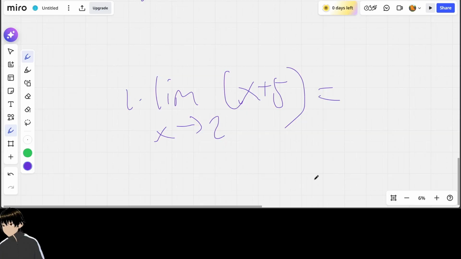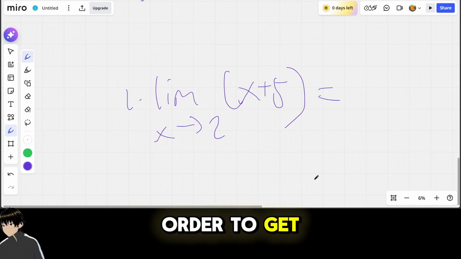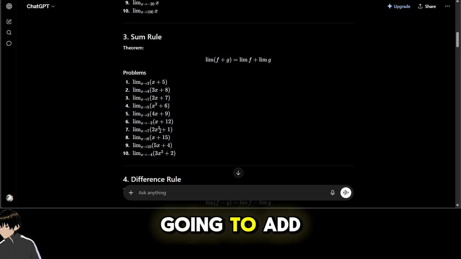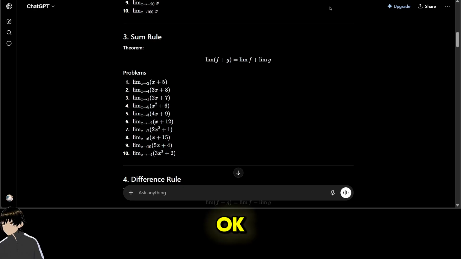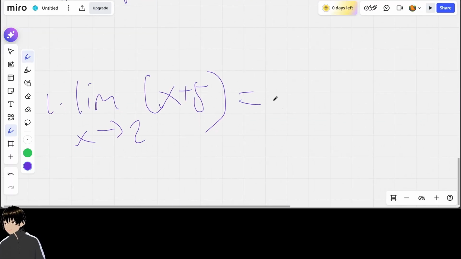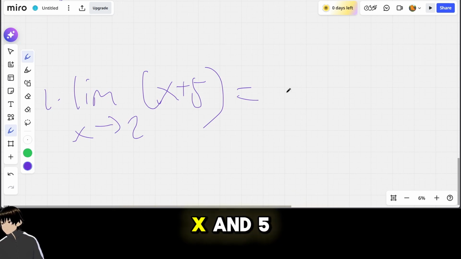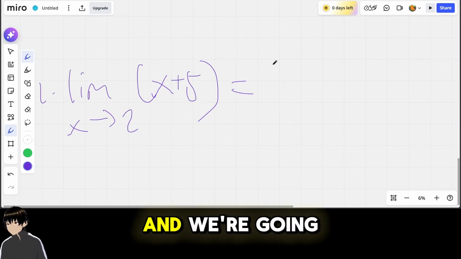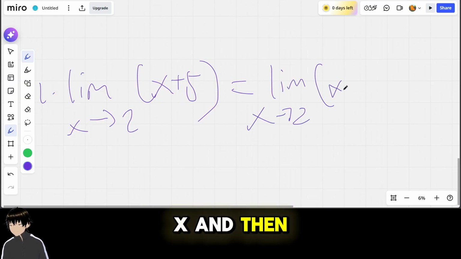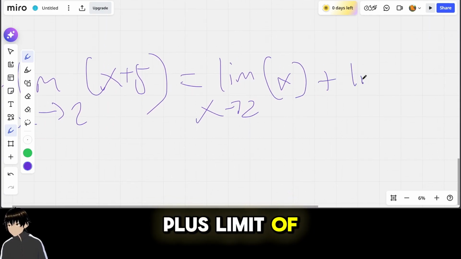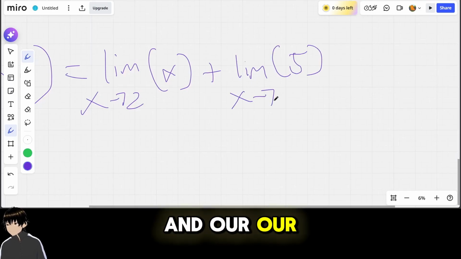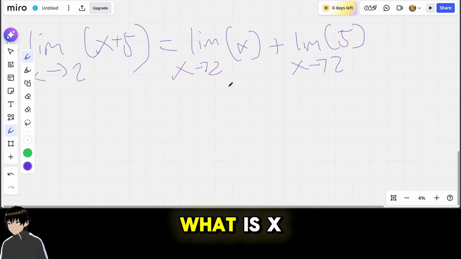In order to get the answer, we're just going to add both of the functions here. Since there are two functions here, x and 5, we're going to separate both of them, and we're going to have the limit of x plus the limit of 5 as x approaches 2, and our answer is going to be, what is x?